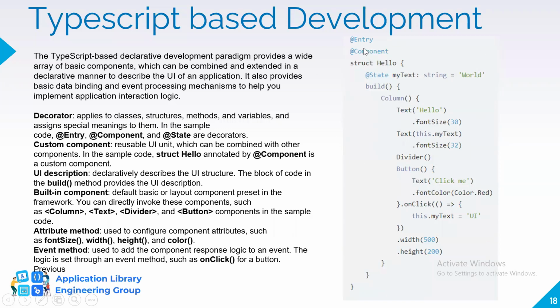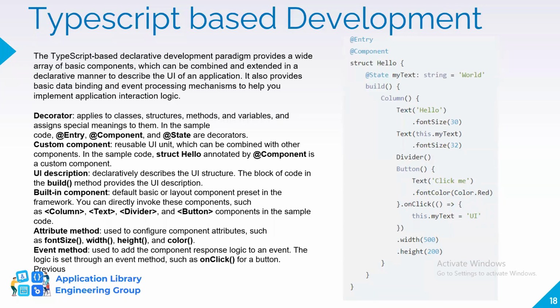So looking at this syntax, let's derive some concepts. The first basic concept is decorator, as I said, which applies to classes, structures, methods, variables. In the sample app, entry, component, state, these are all decorators.